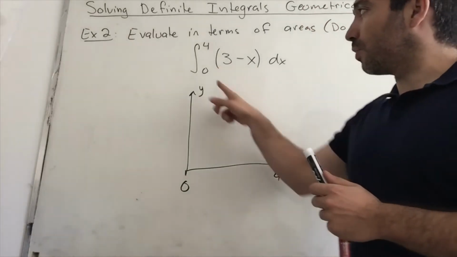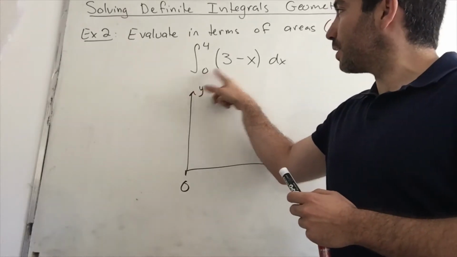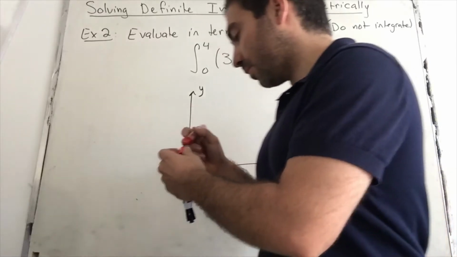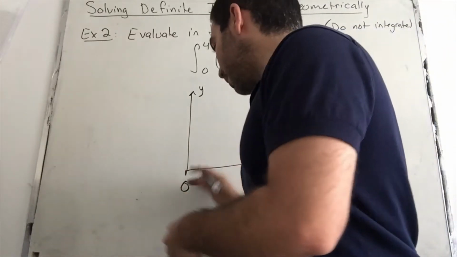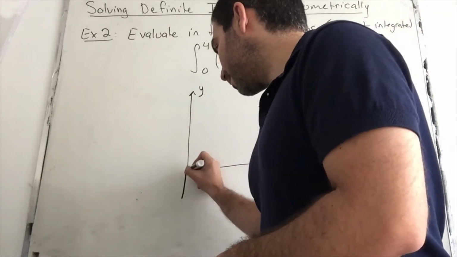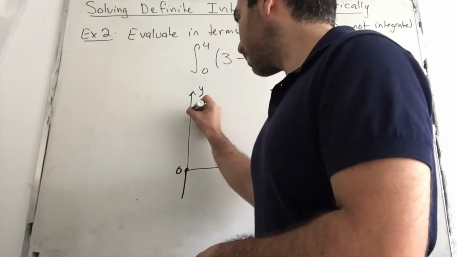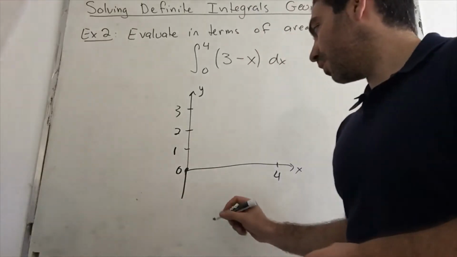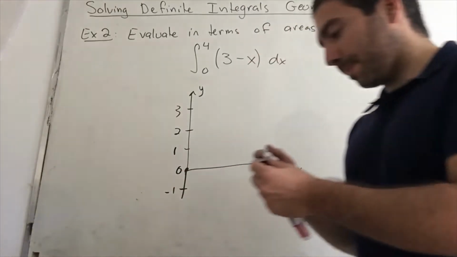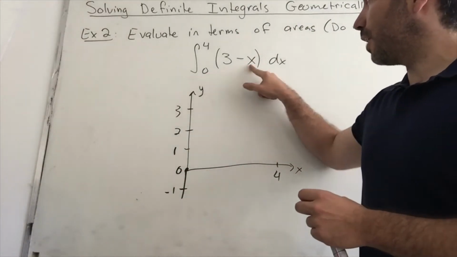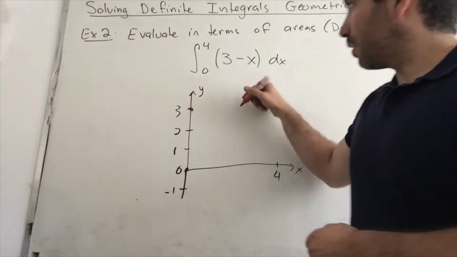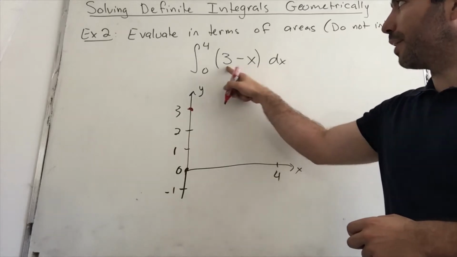3 minus x. So when x is 0, y is 3. Let's put our scale here: 3, 2, 1, and this is negative 1. So if we substitute x with 0, we get 3. That's our first point. If we plug in x as 1, we get 3 minus 1, which is 2.